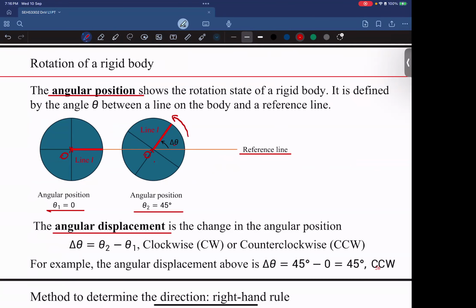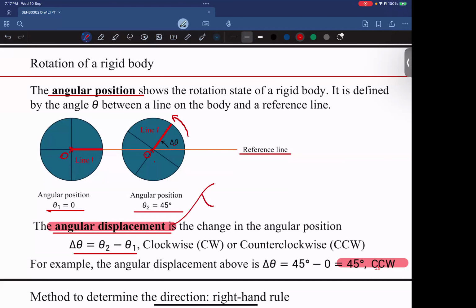This displacement is theta 2 minus theta 1, which is 45 degrees. Together with the direction, counterclockwise, we got the angular displacement.